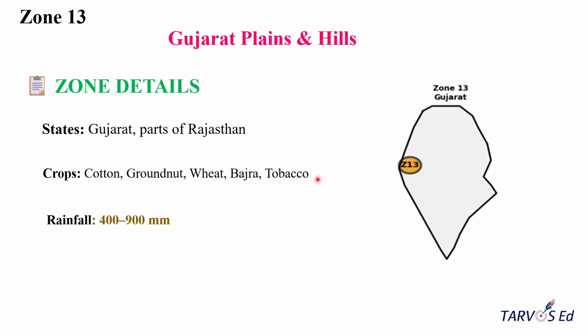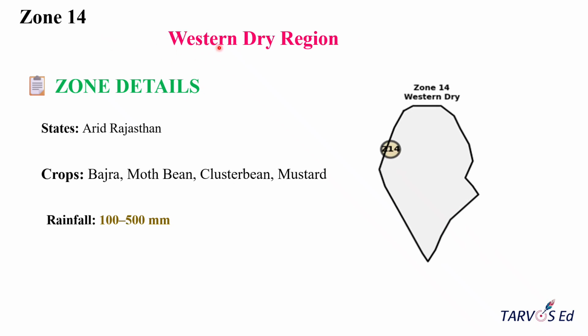Gujarat is one of India's top producers of cotton and groundnut, making this zone important for oilseeds and commercial crops. So even with very low rainfall, this region plays a big role in India's cash crop production.